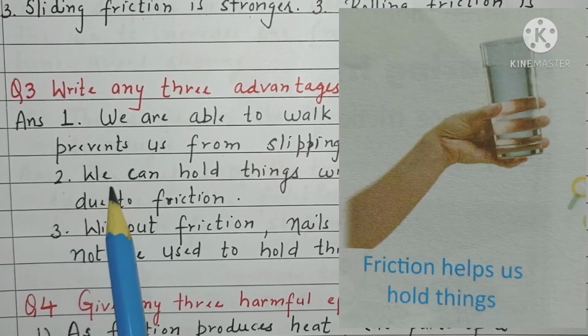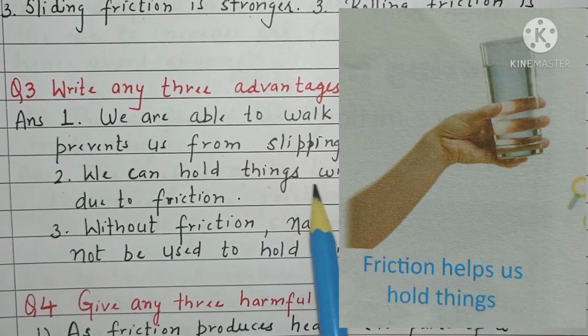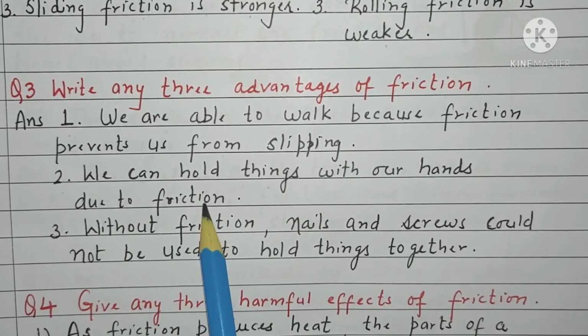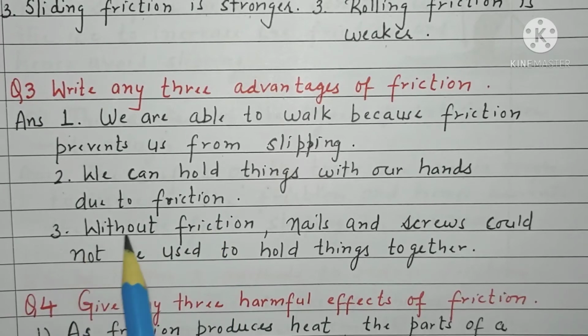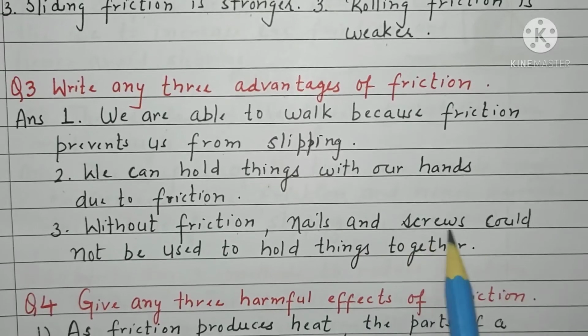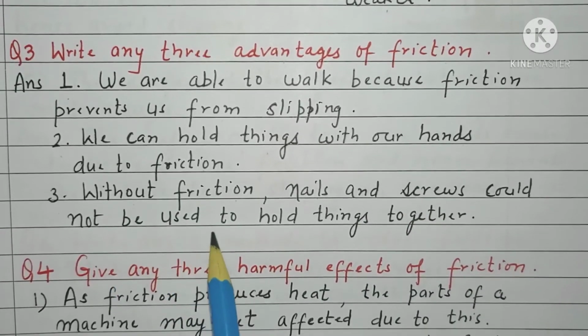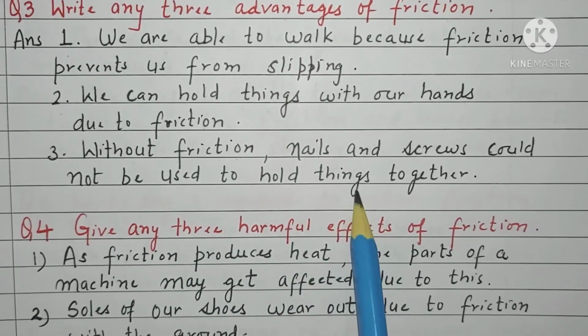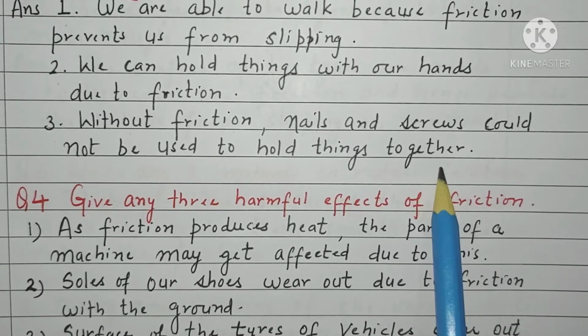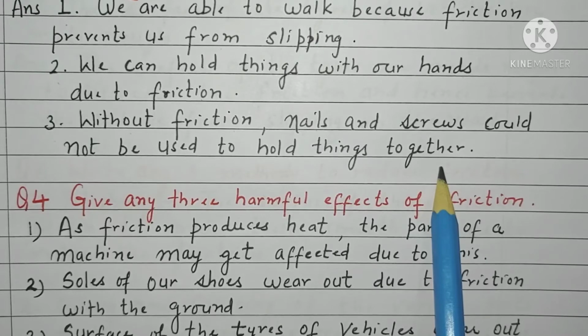Number 2, we can hold things with our hands due to friction. And number 3, without friction, nails and screws could not be used to hold things together. So, these are the advantages of friction.